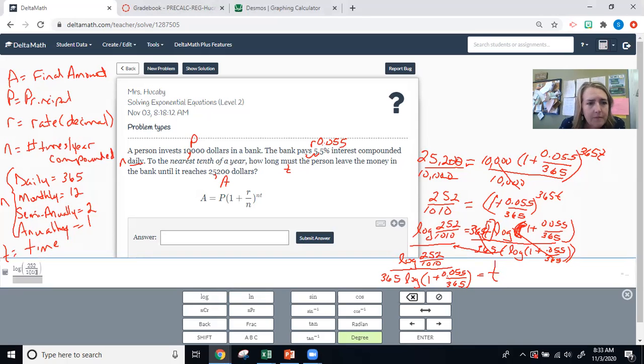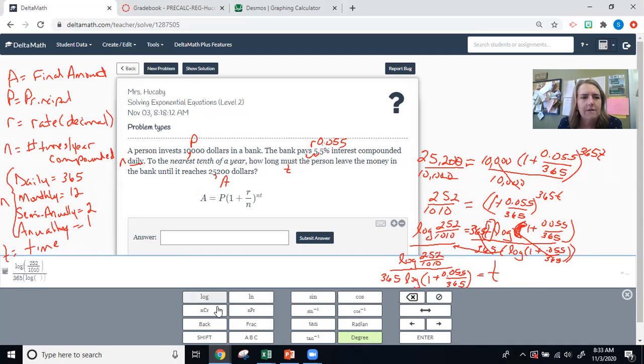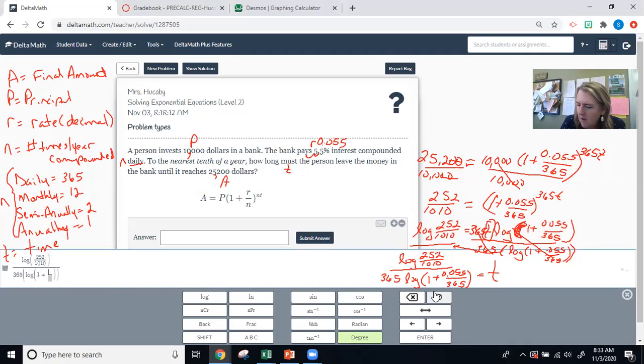It doesn't matter. On the bottom, I have that 365, my n, and I'm going to multiply that by, you could put multiply or you could put parentheses. I tend to put parentheses more. Log of, and inside the parentheses is going to be this amount. So 1 plus fraction 0.055 divided by 365.